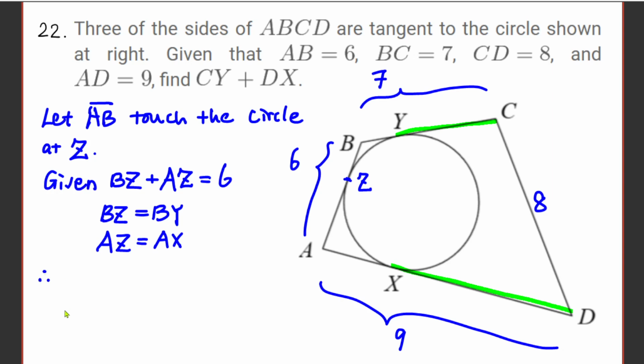So given this information, we have the following relationship. CY plus DX is the one we're looking for. That equals BC subtracted by BY, plus DA minus AX.